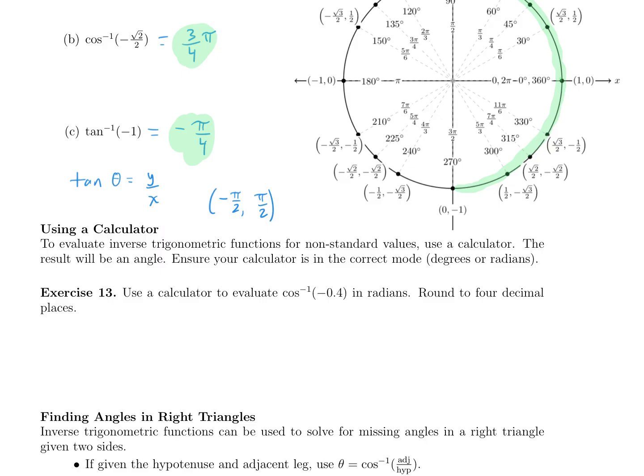I've already done this on my calculator, and I ended up with 1.1593. Go ahead and try that and see if you're getting the same value. If you're not, you may be in degree mode, and that would be the reason.